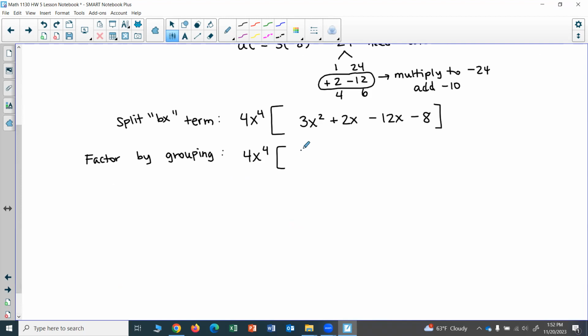So I'll go ahead and group 3x squared plus 2x together. I have to have a plus between my groupings. So I'll have plus parentheses negative 12x minus 8. Close my bracket. And remember, that's because I had to have a plus between the groups.